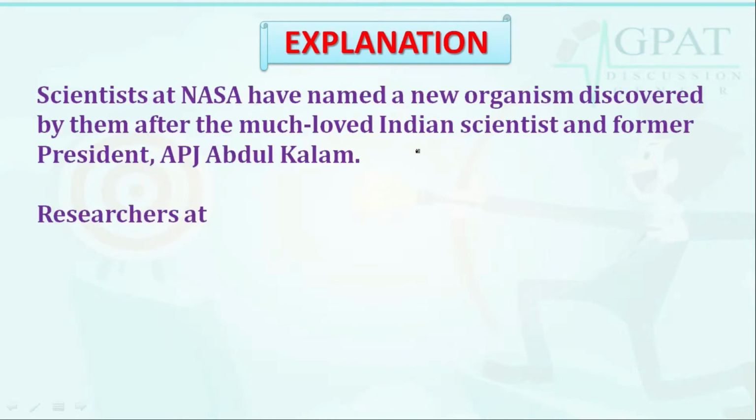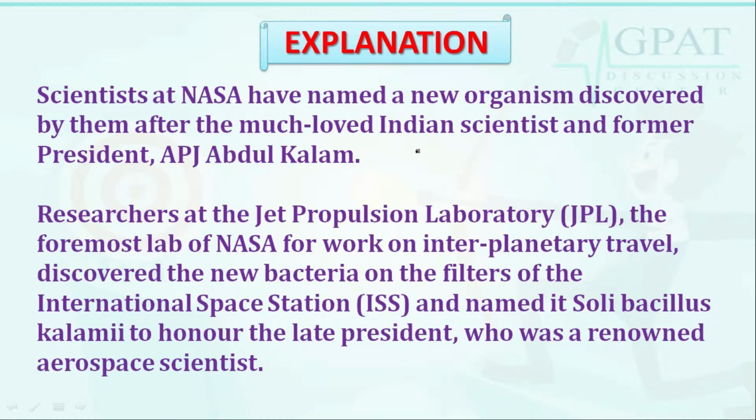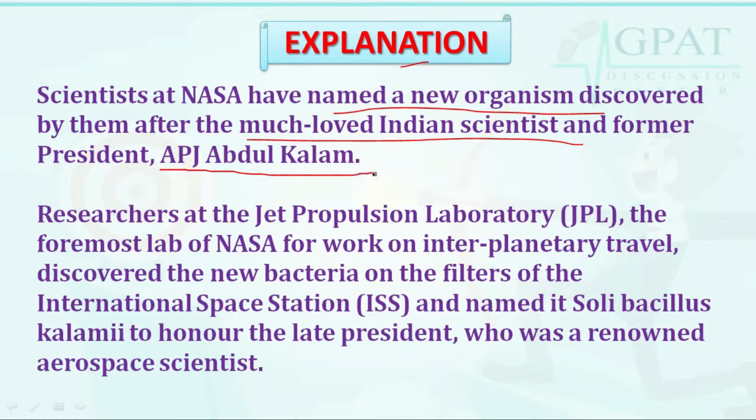So let's discuss with the help of the explanation that scientists of NASA have named a new organism discovered by them after the much loved Indian scientist and former Indian president Dr. APJ Abdul Kalam.